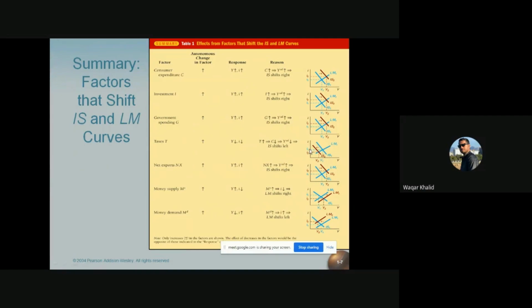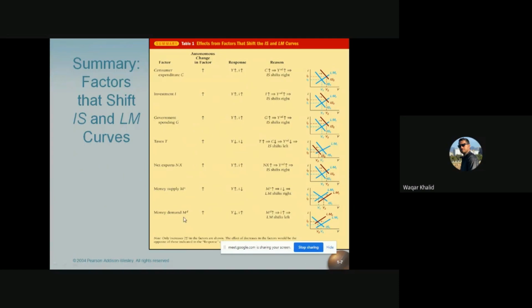And you can see here the IS curve has shifted to the left side, where we have a lower level of aggregate output and the interest rate has decreased as well. That's why we can say that if there is an increase in tax rates, output and I both will decrease and the IS curve will shift to the left side.